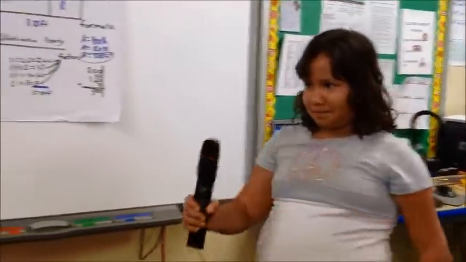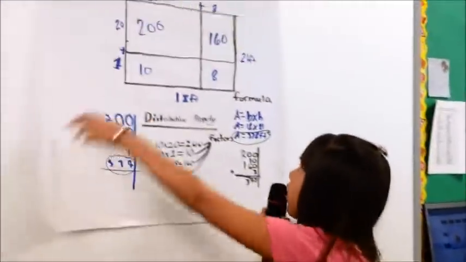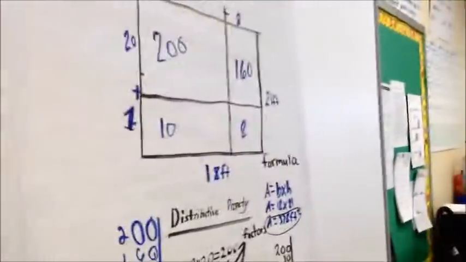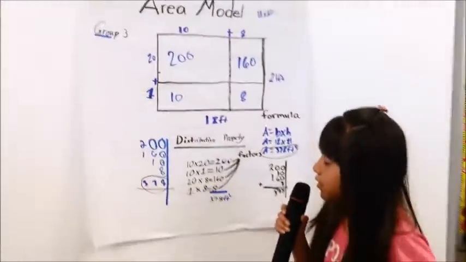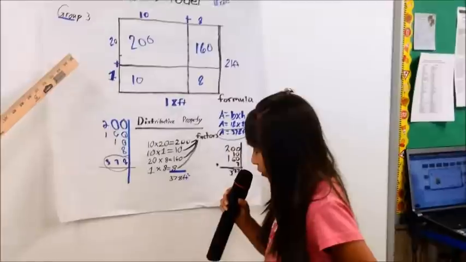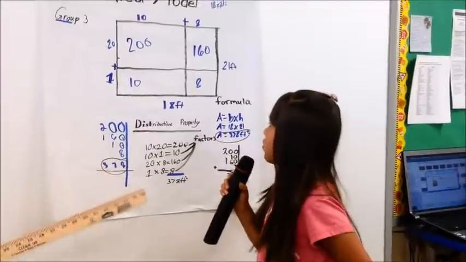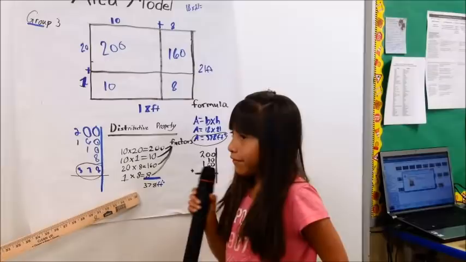Now I'm going to pass it to my friend Sudalika. This is our conclusion, and by using the area model and distributive property, we found the area of Mrs. Jones' office, and our total product was 378 square feet.